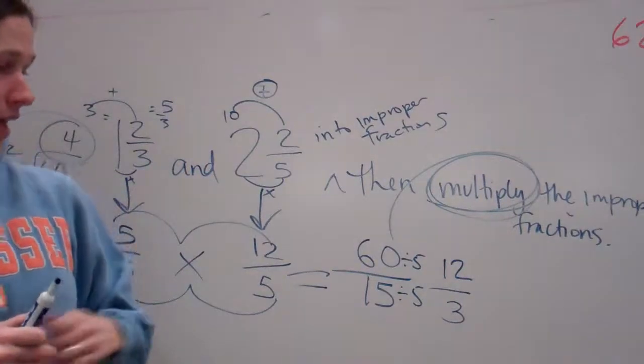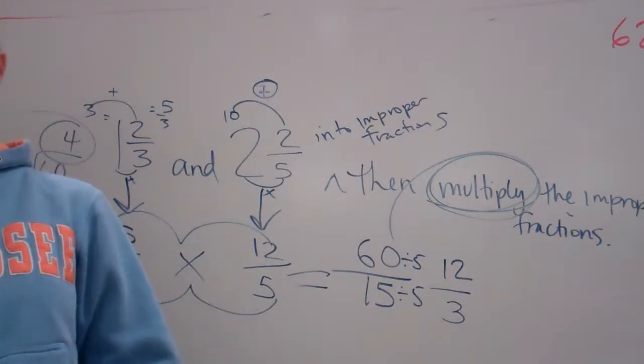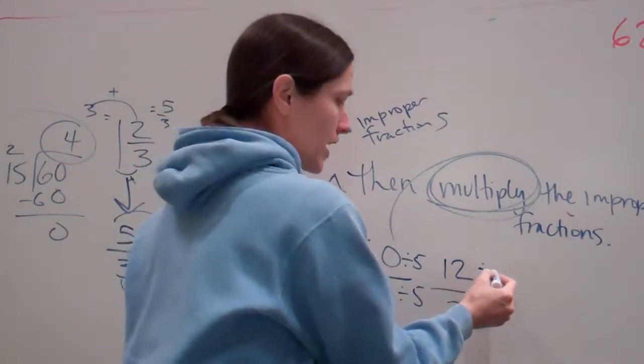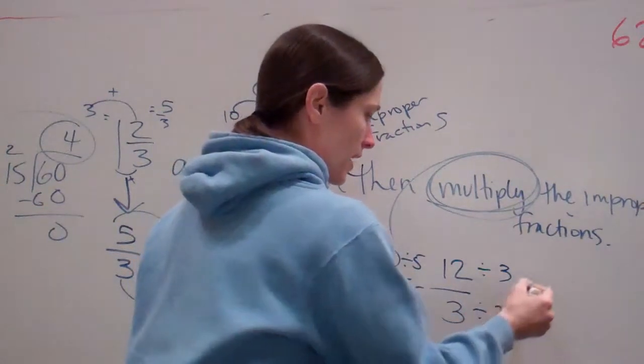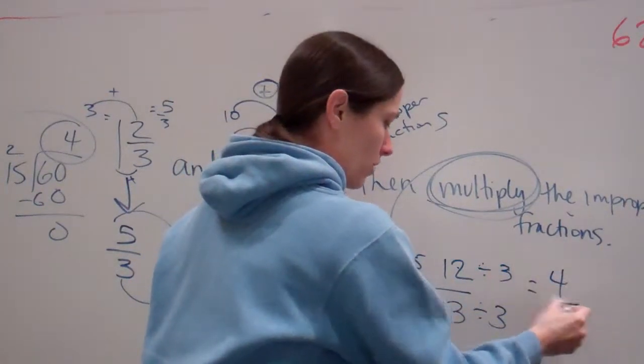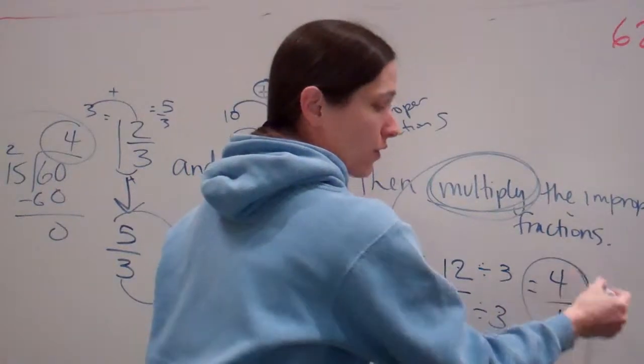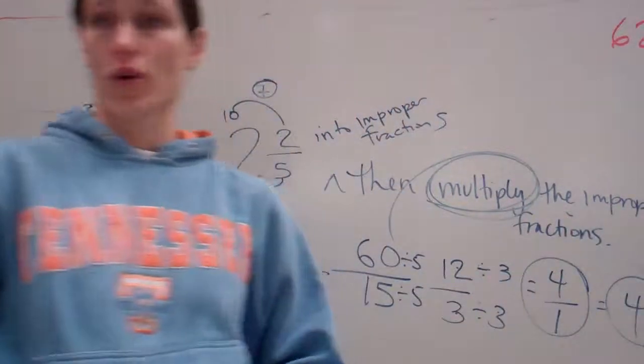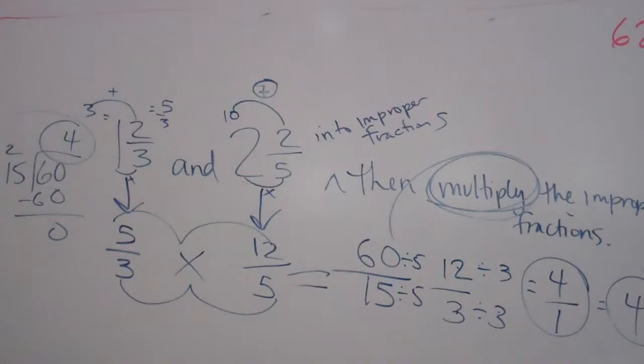And then I would go, okay, 12 thirds can still reduce. What number will go into both those? I would go 3. As you can see, 12 divided by 3 is 4. 3 divided by 3 is 1. And 4 over 1 actually equals 4. Everybody understand how you could do that either way? Okay. So, pretty simple. Everybody understands? Alrighty. That's it.